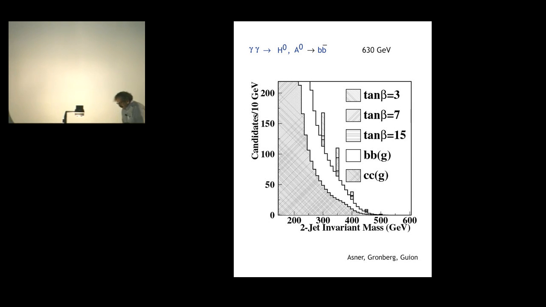Now, what's even more interesting is that the heavy Higgses appear singly. So at a lower center of mass energy, you can produce the heavy Higgses and, in fact, be quite sensitive to their properties. If we had the MSSM and the Higgs is as heavy as 115 or 120, you're driven to high tan beta.